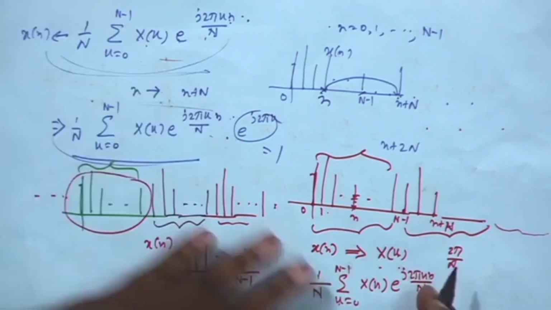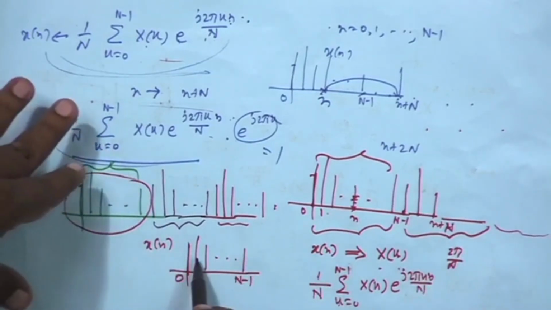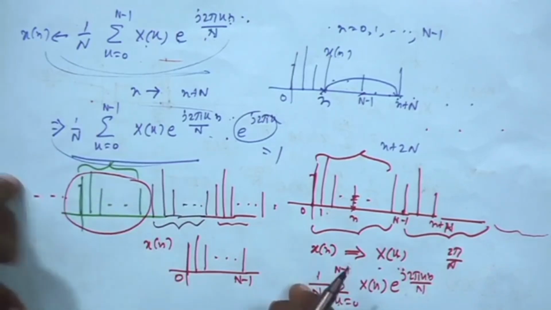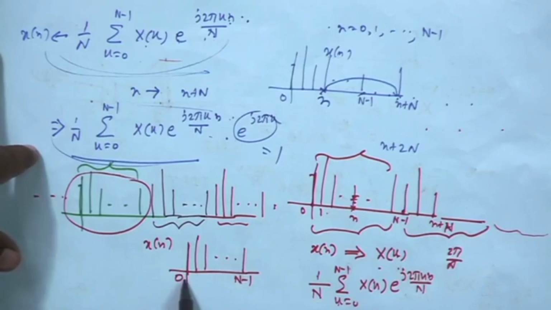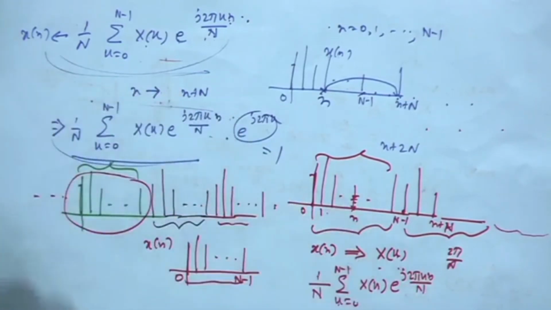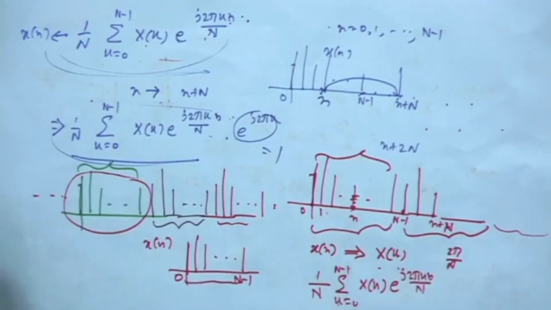If you restrict small n in this formula from 0 to capital N minus 1, you will get this. But if you now allow small n to go from minus infinity to infinity, what we have seen, you will get back periodic repetition of this. That is why this followed by this, this periodic sequence will come up. That means, given a periodic sequence, I can represent it by a formula like this.